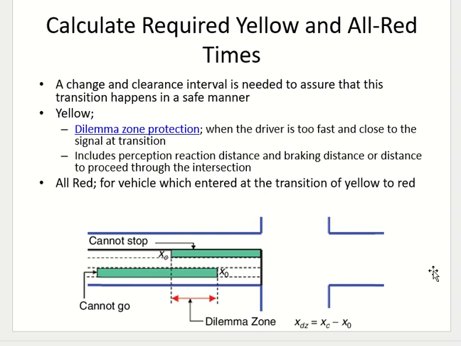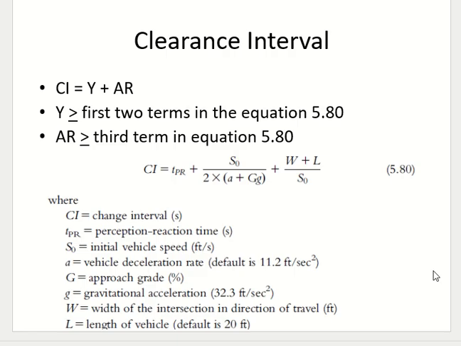So from this point onwards, according to how much perception reaction and braking distance he needs, you can calculate the yellow time. It's already part of the equation. This is the equation. The total is called the change interval, yellow plus all red. This plus this is yellow, and this one is all red.